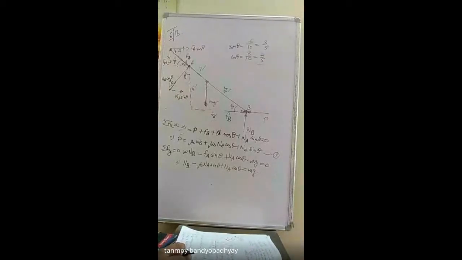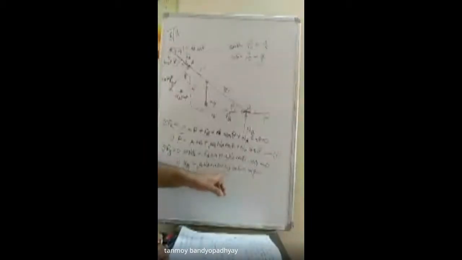So এটা এখন এটা কি আছে দেখো, whether I've done something wrong here, I don't know, মানে এটা was NA cos theta minus FA sin theta, so FA was mu s NA sin theta, এটা হচ্ছে NA cos theta, ঠিক আছে? তো এই পার্টটা, so I hope this part is correct.